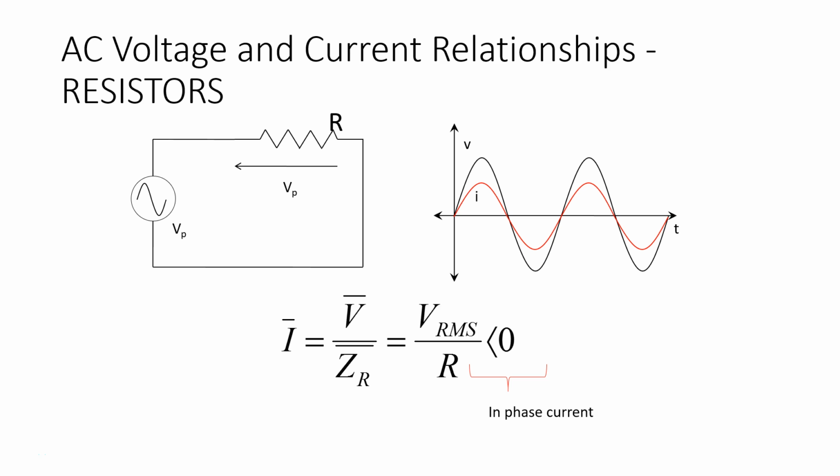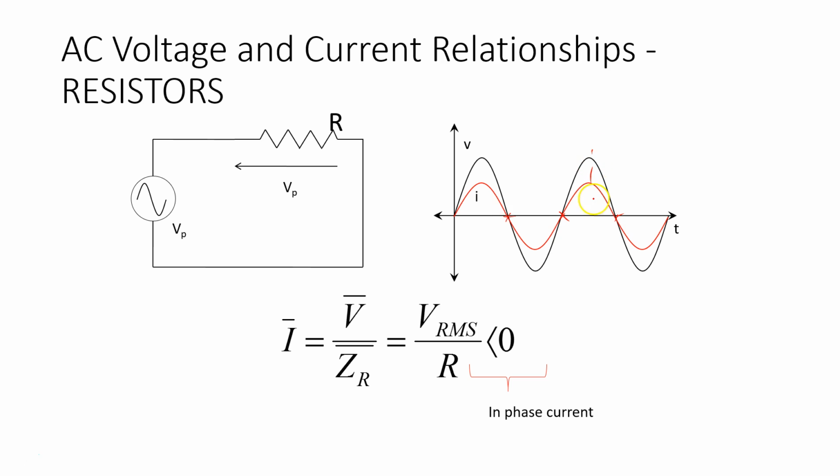Right, so now let's look at some voltage current relationships for different components. So here I have just a voltage source driving a resistor, and if I plot the voltage and current there, I should see that they are totally in phase. If I look at the voltage and the current, they should cross zero at the same time.